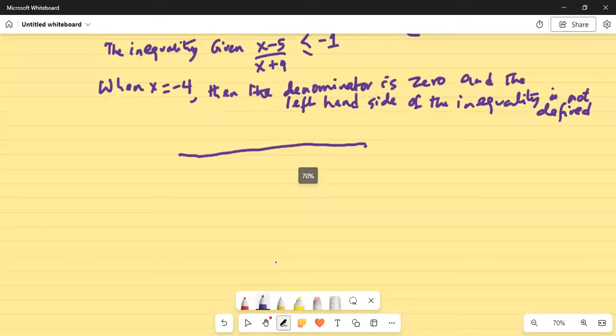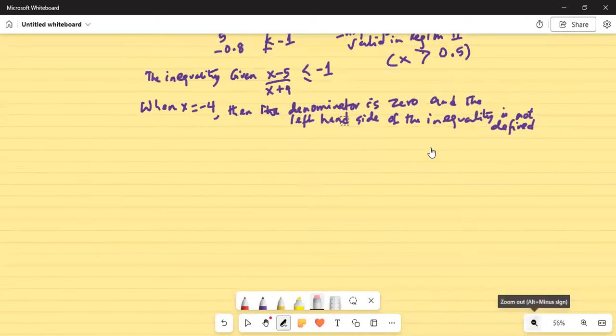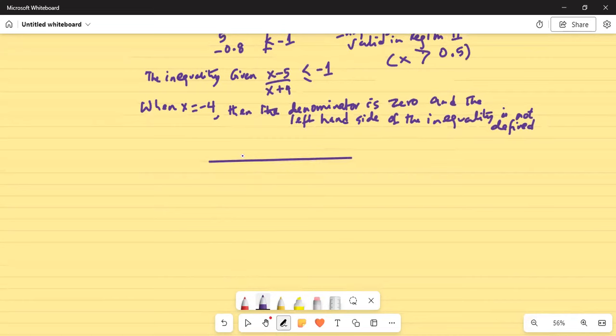Let me erase that. Reduce this a bit. So actually this is 0, this is -1, -2, -3, -4.